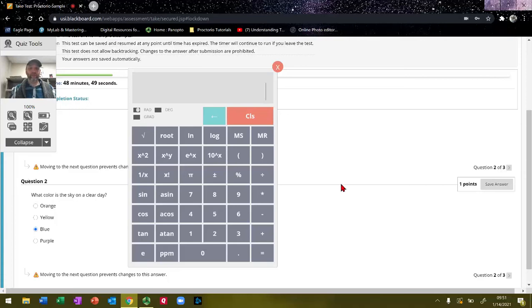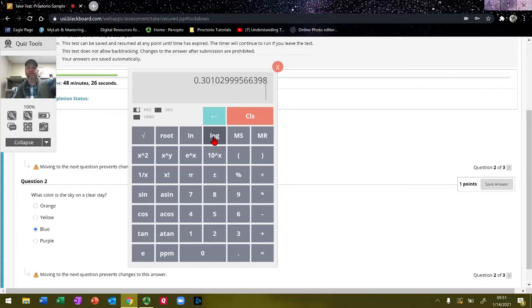So for example, if we want to know what the log of 2 is, what we're not going to do is click log, right? And it's saying we can't even do that. The reason why is there's no number there. So we click 2 and then click the log button.